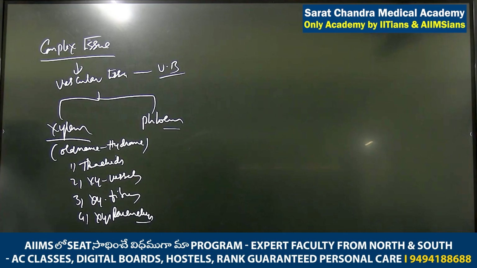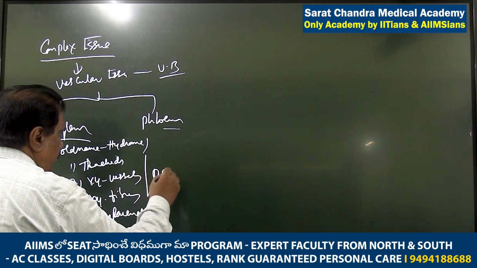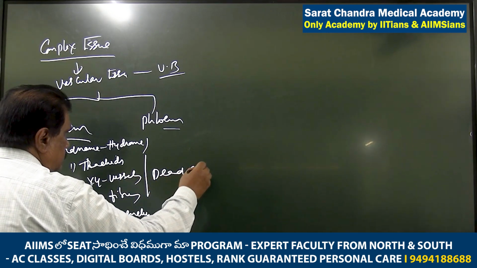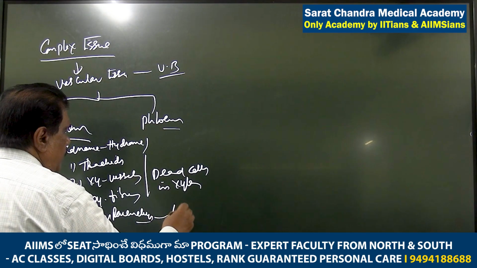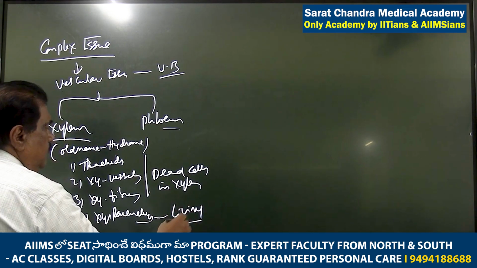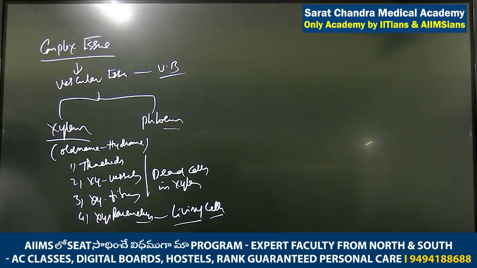Tracheids, xylem vessels, and xylem fibers are the dead cells in xylem. Only xylem parenchyma is living. So the majority of the xylem cells are dead, except xylem parenchyma.